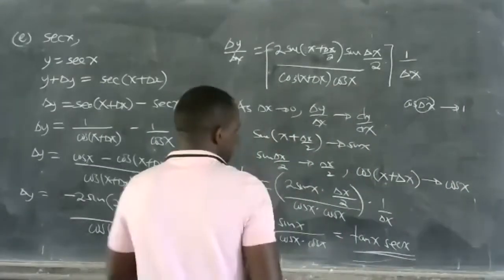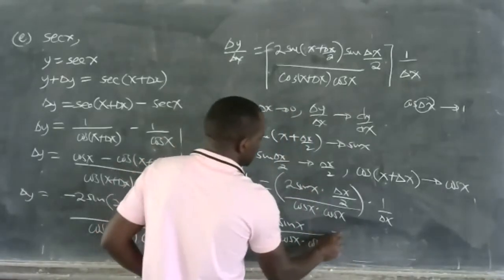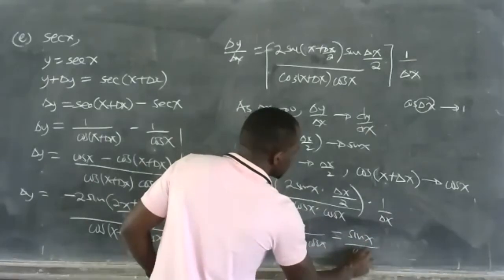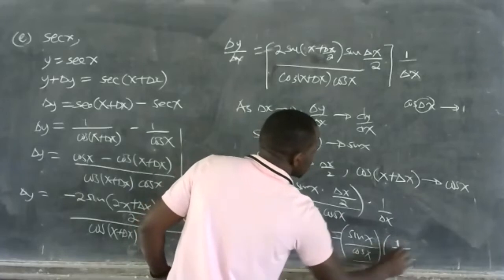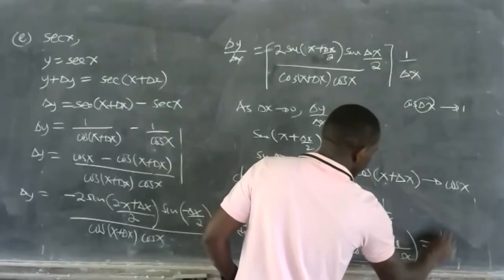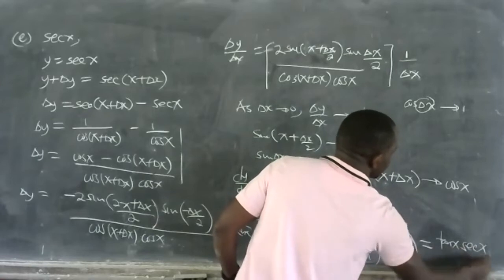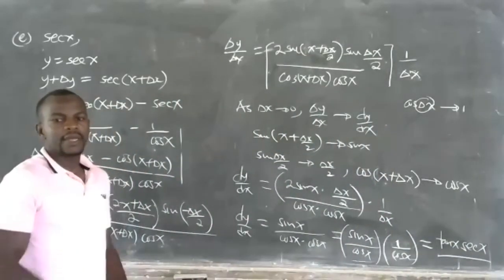It's like this. You have sine over 1 cos into 1 over cos, which becomes tan x. Then sec. That's what we have.